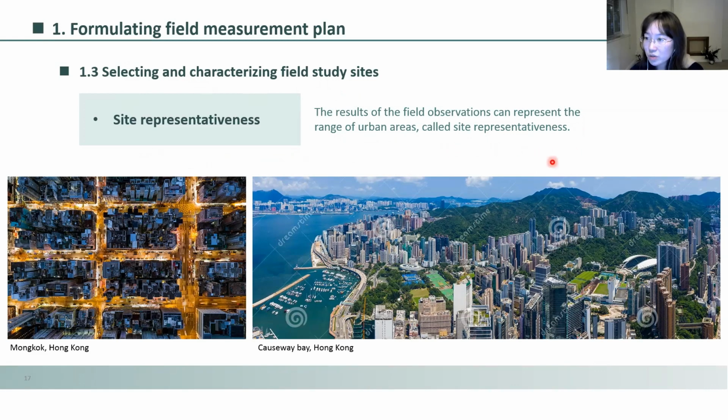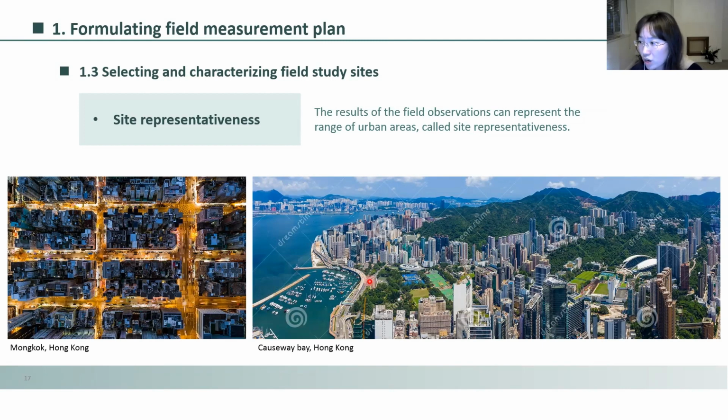For example, as you can see in this photo, this is Mong Kok, Hong Kong, and its site dimensions can represent the surrounding neighborhood on a large scale because of the homogeneous urban form. For this kind of urban form, there's no need to set many measurement sites, because whether you set your site here, here, or there, the results are almost the same.